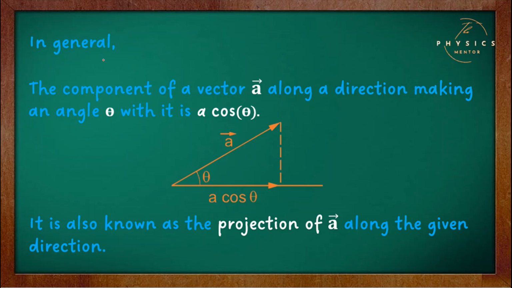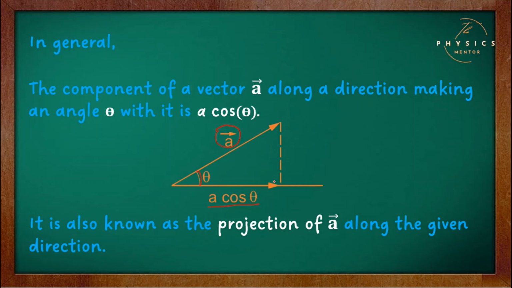In general, the component of vector A along a direction making an angle theta with it is A cos theta. It is also known as projection of vector A along the given direction.